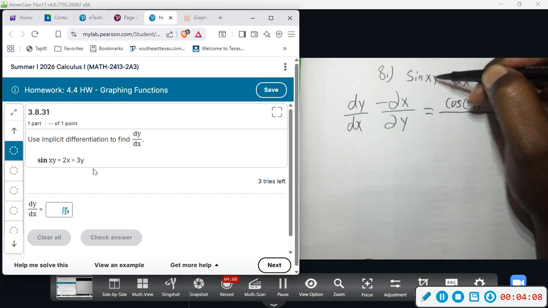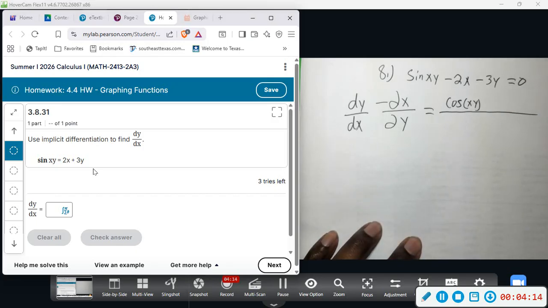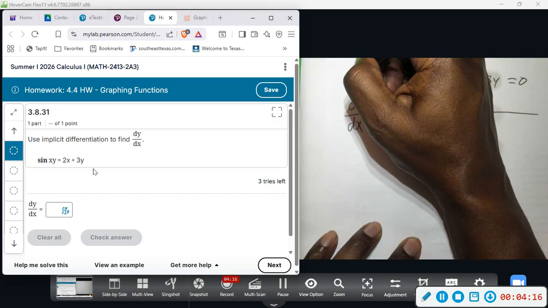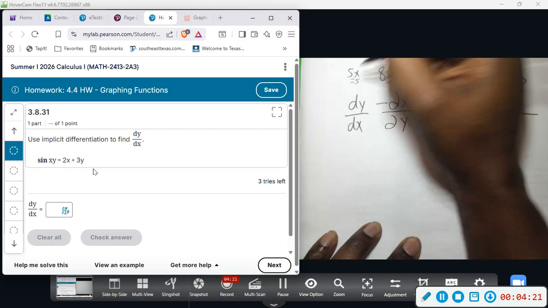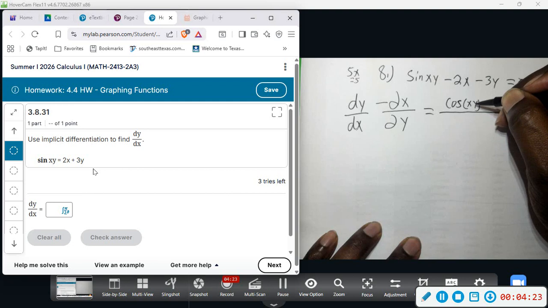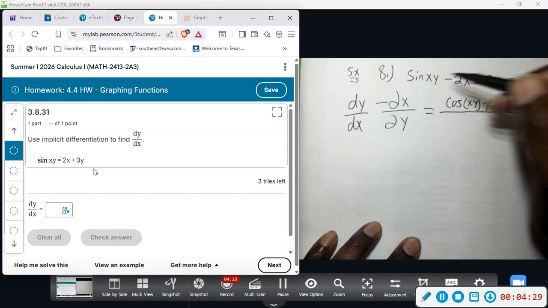And then the derivative of the inside. Okay, so y is being treated like a constant. X is like a variable. So like if I had 5x and I did the derivative, this would just be equal to 5. So imagine that that's the same. This is just going to be equal to y because y is the constant. So it's going to be times y. So we got cosine xy times y.